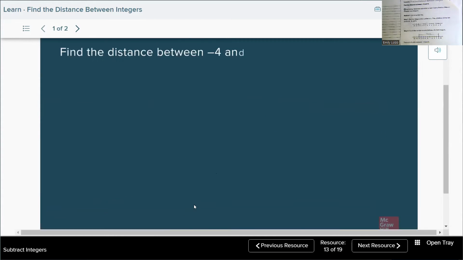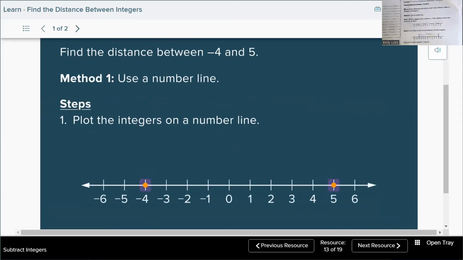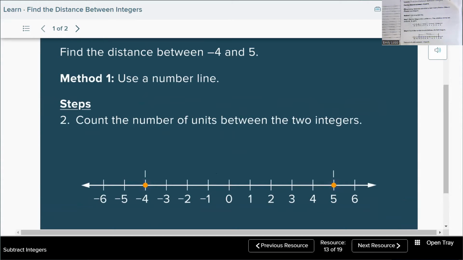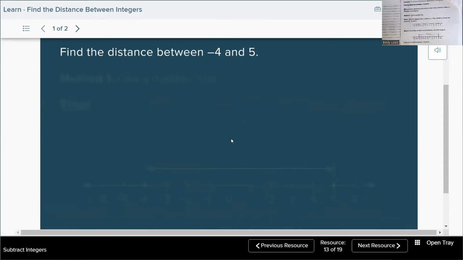One way to find the distance between two integers is by using a number line. Start by plotting the two integers on the number line. Next, count the number of units between the integers. Counting the number of units shows that the distance between -4 and 5 is 9 units. You can also find the distance between two integers by using an expression.